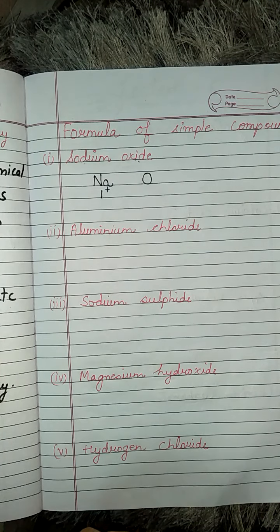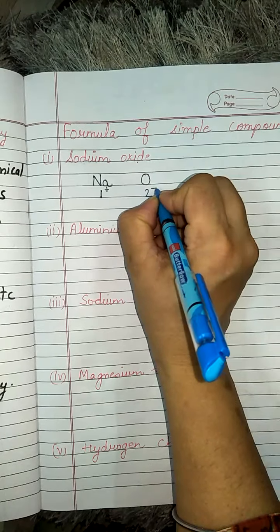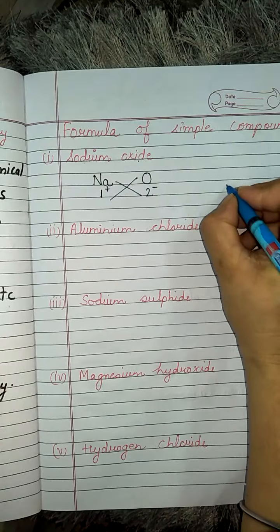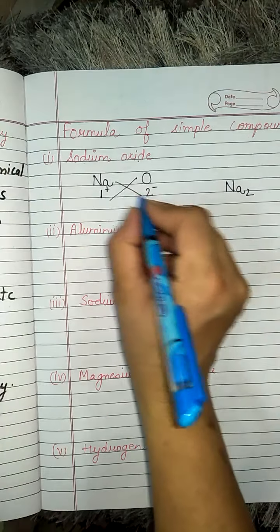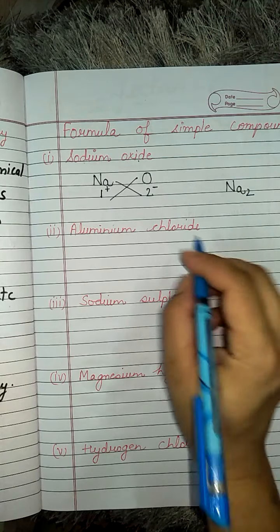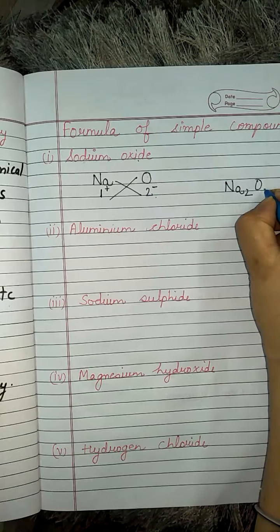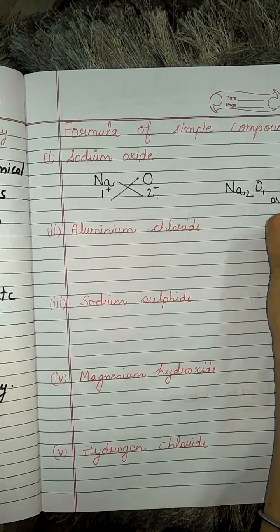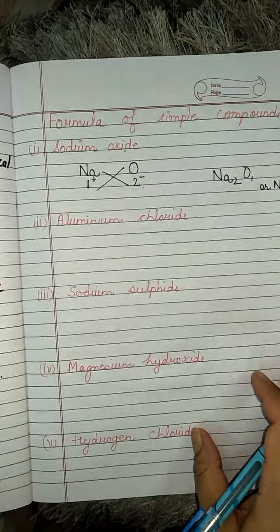As I have told earlier, the first one will be positively charged and the second one negatively charged, and for oxygen it is 2 negative. Crisscross this way. With sodium comes 2, Na2, written at the bottom, not the upper side. Oxygen gets 1. There is no need to write 1. So the formula is Na2O.